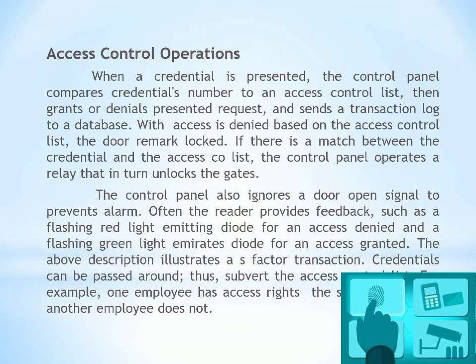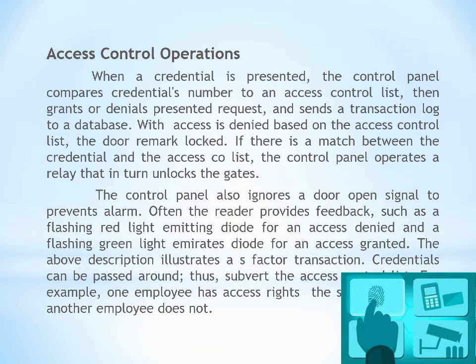The next one is access control operations. When a credential is presented, the control panel compares the credential number to an access control list, then grants or denies the presented request, and sends a transaction log to a database. When access is denied based on the access control list, the door remains locked.